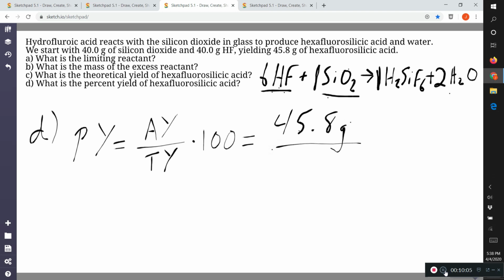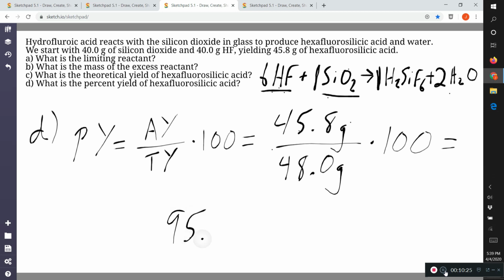And our theoretical yield that we just calculated was 48.0 grams. So we simply do that calculation. And with 3 sig figs, we get 95.4% yield of H2SiF6.